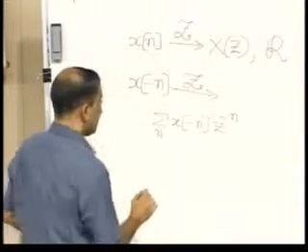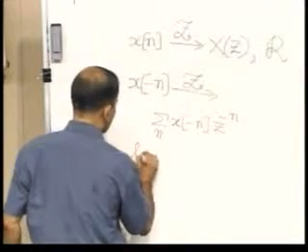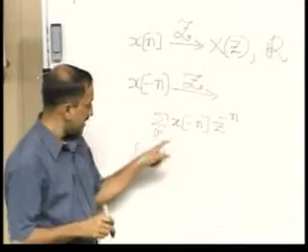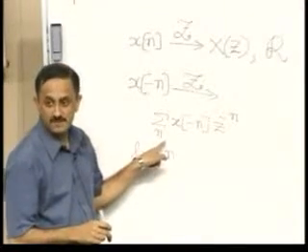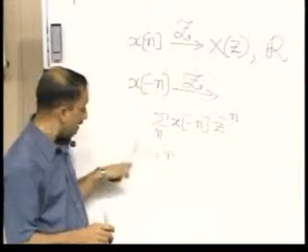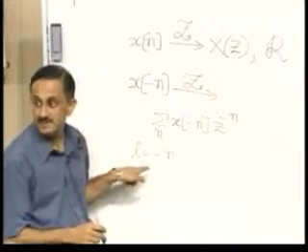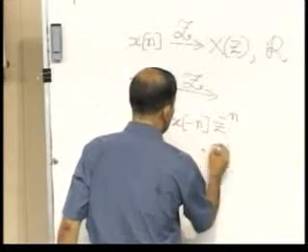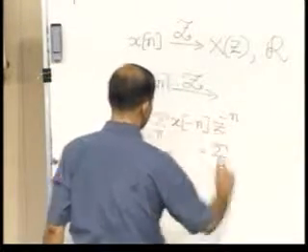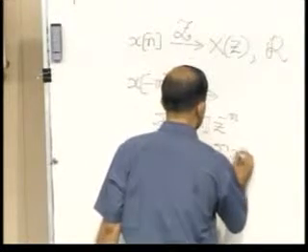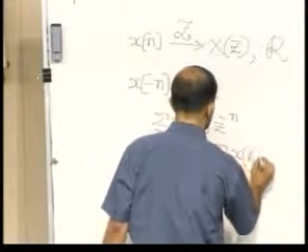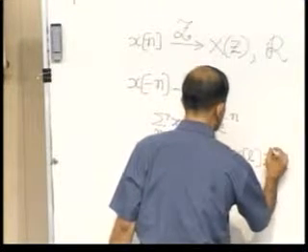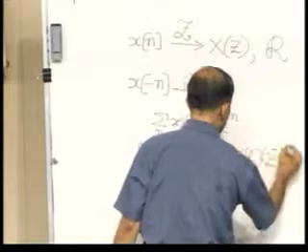But let us put L equal to minus n and note that when n runs over minus infinity to plus infinity, L also runs from minus infinity to plus infinity, right? And we might rewrite this as summation of L over the same range x of L z raised to the power L, which is z inverse raised to the power minus L.